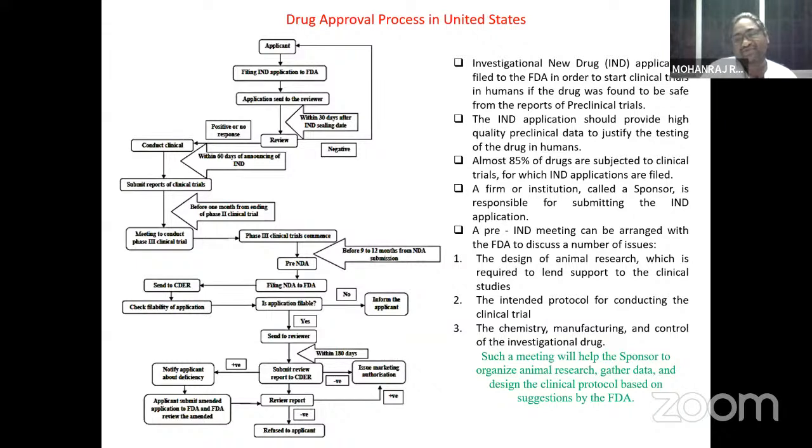The sponsor can make a pre-IND meeting to discuss the issues along with the FDA professionals. They can discuss the design of animal research, the protocol for conducting the trial, chemistry, and the manufacturing process and quality standard to control the investigational new drug.